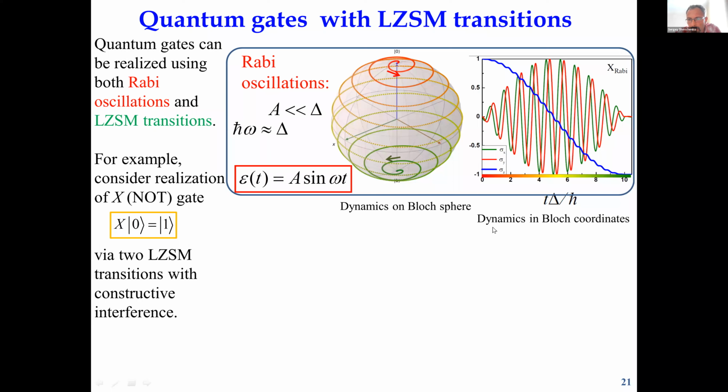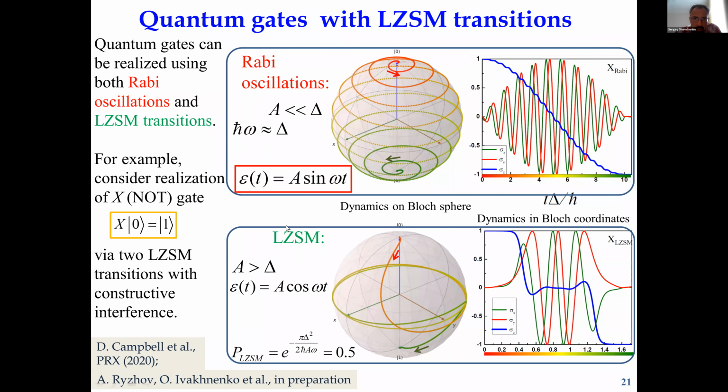And this is the dynamics shown in Bloch coordinates as a function of time. We can see that the Z component of the Bloch vector starts from 1 and ends in -1 after many periods of excitation.